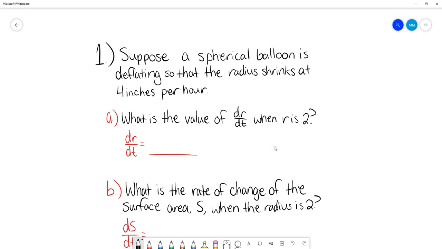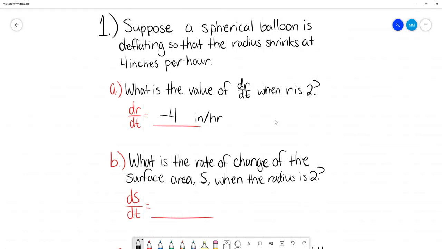So dr/dt is the rate of change of the radius, and that's already given to us pretty clearly because it tells us that the radius shrinks at 4 inches per hour, which means the rate at which the radius is changing is negative 4 inches per hour. So that's our answer right there. It's just negative 4. You could write your units of inches per hour, but it is just a constant. It is negative 4.